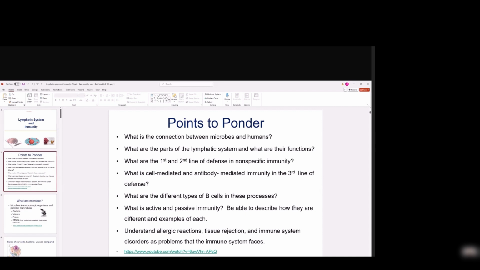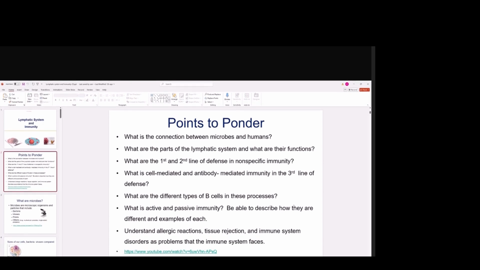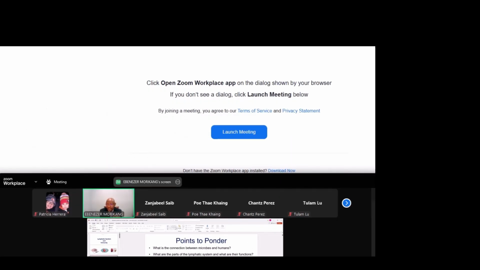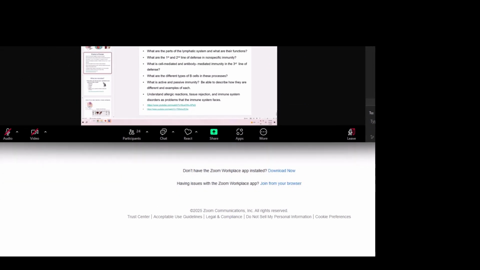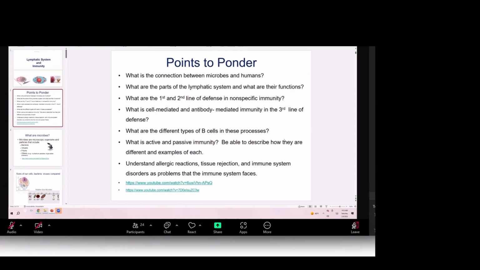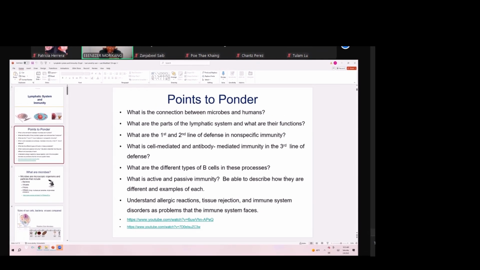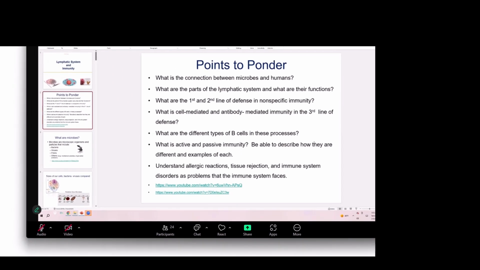So I said by the time that we are done, we're going to talk about what the lymphatic system is, what it is made out of, and what its function is. And as I indicated, one of the things that is incorporated in the lymphatic system is our immune system, how our body defends itself from pathogens, things that want to get into it and make it get sick, or things that originate from within to make the body sick.